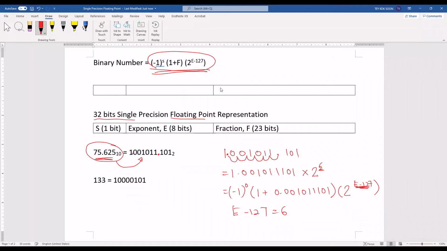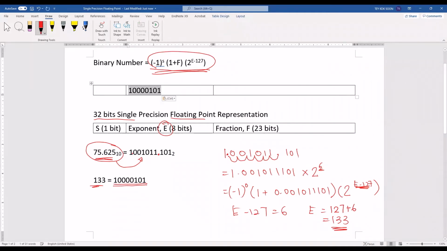So e will be equal to 127 plus 6, which equals 133. Okay, so you have your e already. The e here needs to be converted to a binary number also, so this will be the value to put into the e.